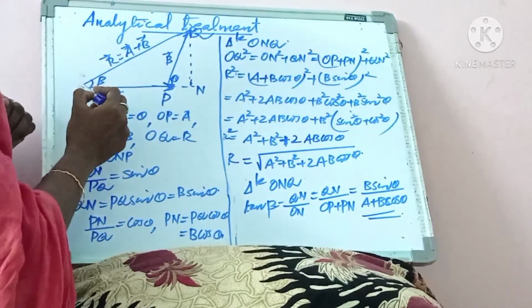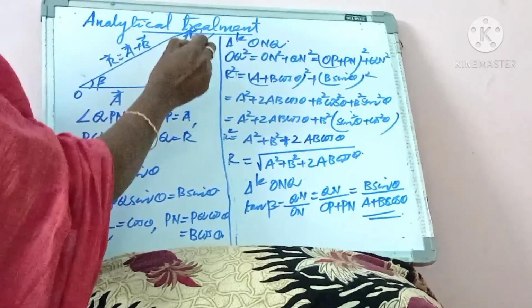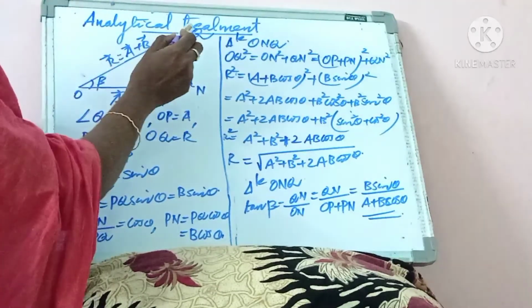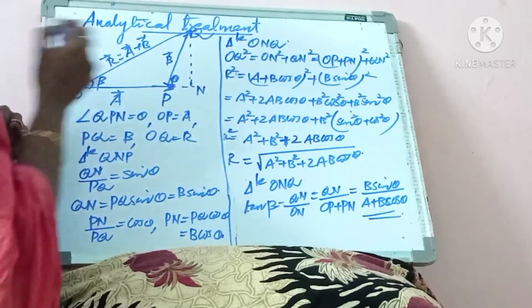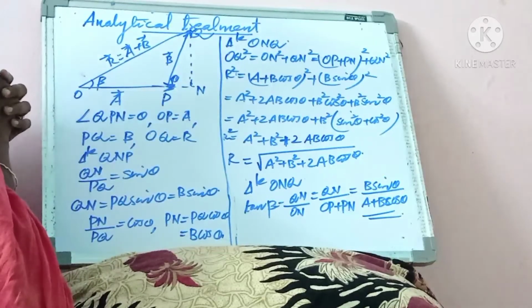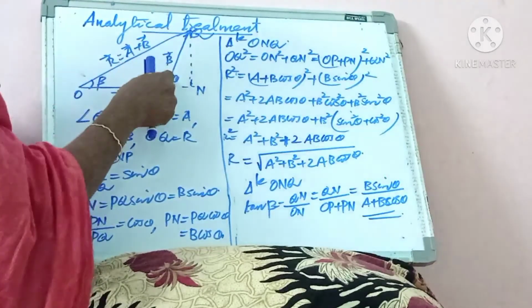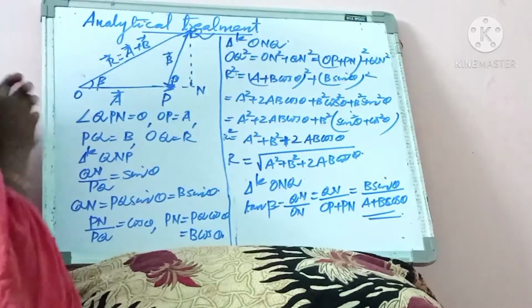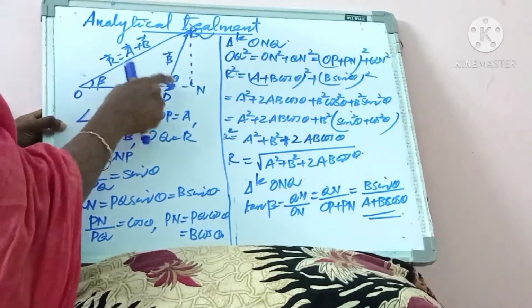We represent the angle QPN as theta. Then OP represents A, PQ represents B, and OQ represents R. Angle QPN is equal to theta.